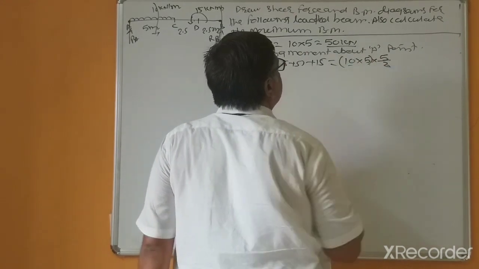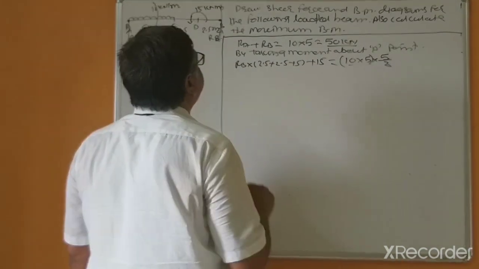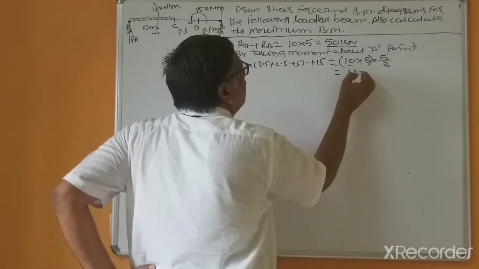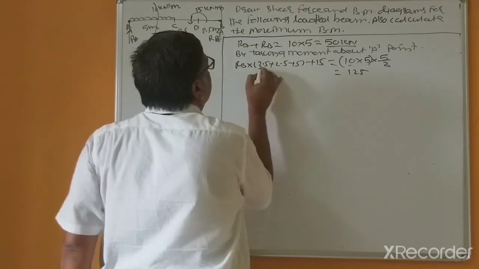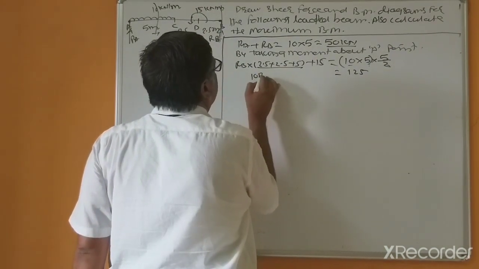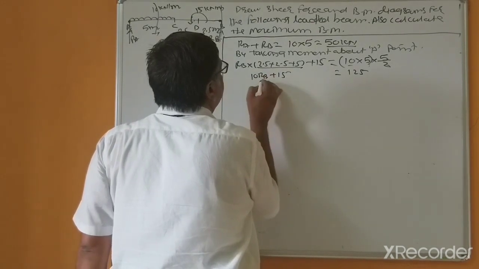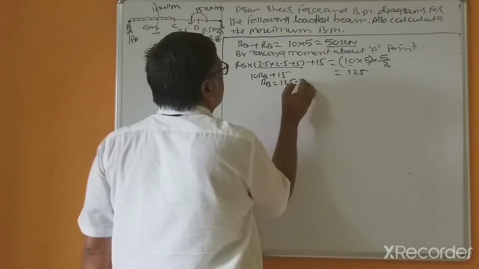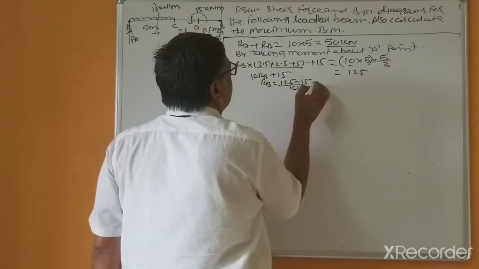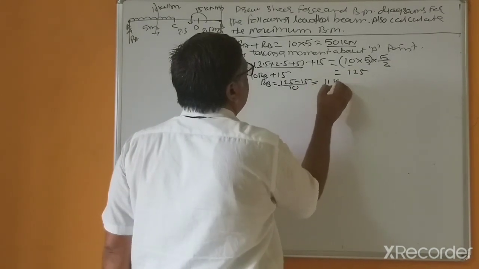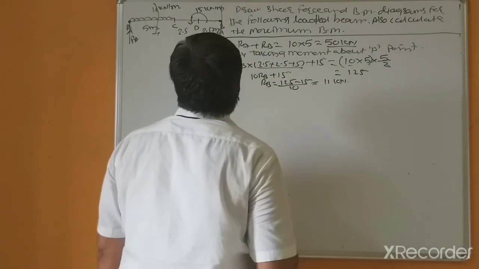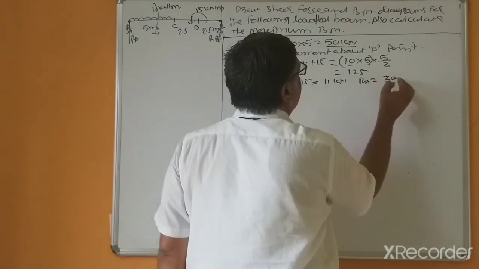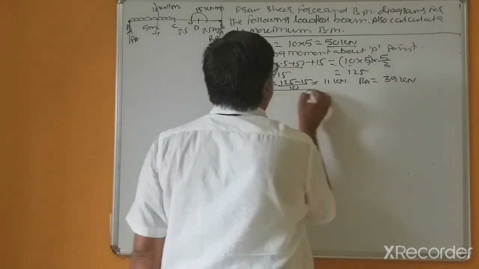So this 50, 125, and this is 10 RB plus 15 RB equals 11 kilonewton, RB equals, and RA equals 39 kilonewton.